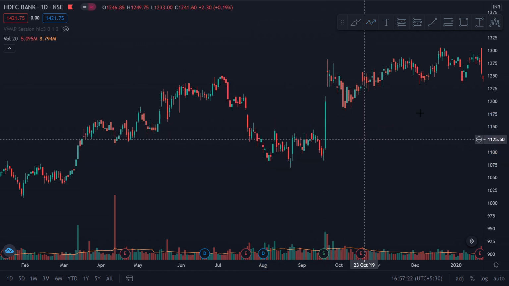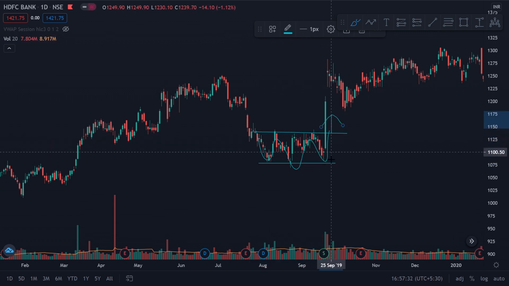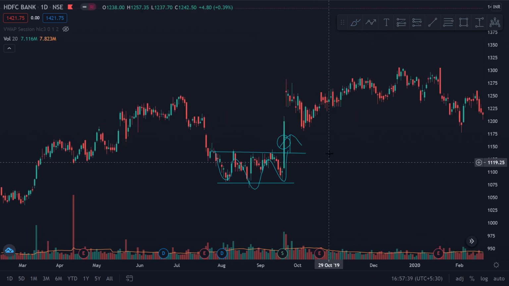So this was the top and this was the bottom, and 1, 2 and 3 bottoms, and on the third attempt it reversed. So this was an example of a triple bottom reversal pattern.